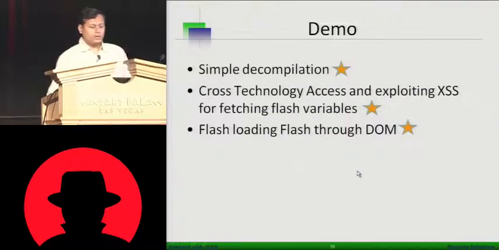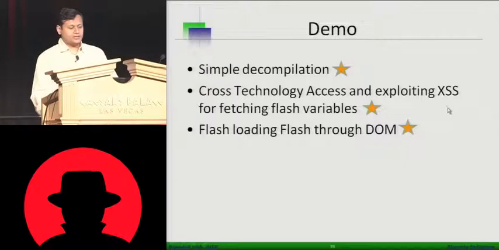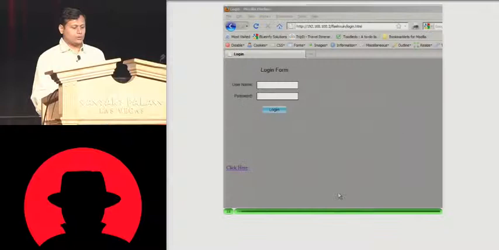So now what we can do is a cross technology access where we exploit the XSS. For example, over here we have a login form. This little form is actually the Flash based application, so it is a part of the Flash. We say, okay, I enter my username and password. Now on the Flash we are successfully logged in. So over here we have a successful login, and then we click here, for example.